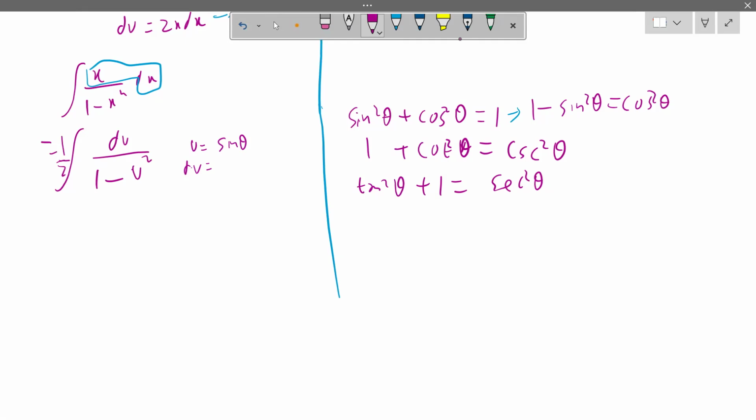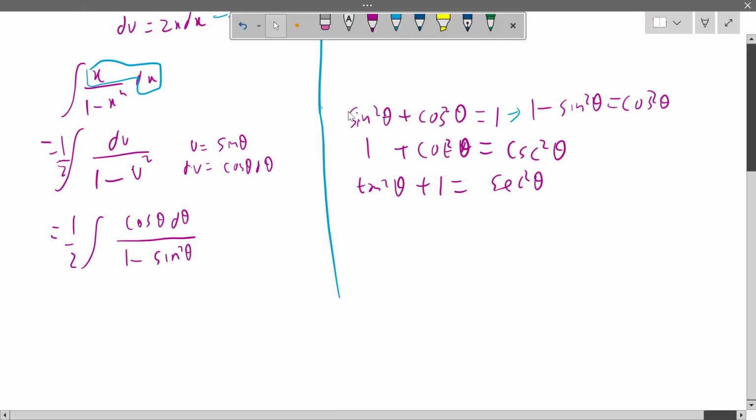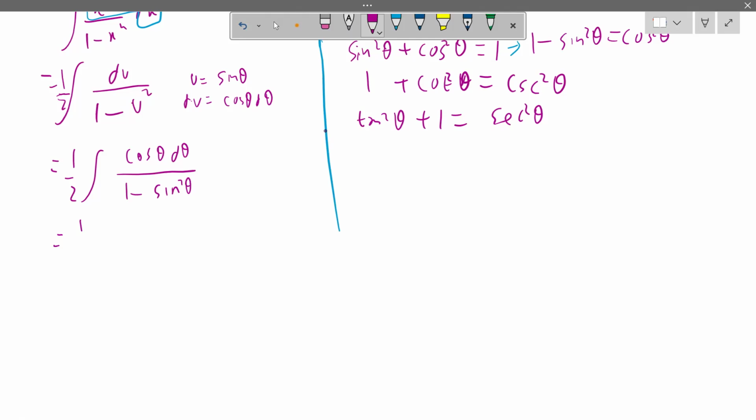we differentiate sine of theta with respect to theta, which is cosine of theta, so du is cosine theta d theta. We can rewrite this integral as 1/2 times the integral of cos theta d theta over 1 minus sine squared theta. Now recall that 1 minus sine squared theta is cosine squared theta, which means this is 1/2 the integral of cosine theta d theta over cosine squared theta.